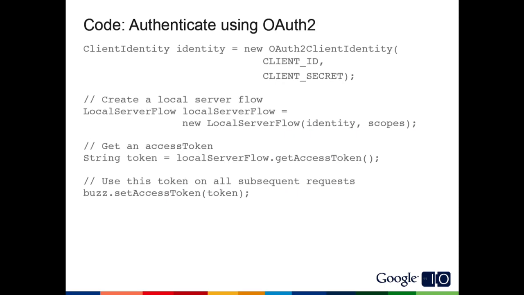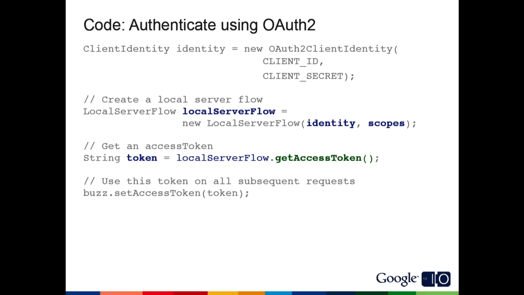Right below that in the code, I see this. We're taking that client ID and secret that were pasted into the app, making an identity object, then using the identity object and the scope, so it's my application and the rights it wants, to create this local server flow object.